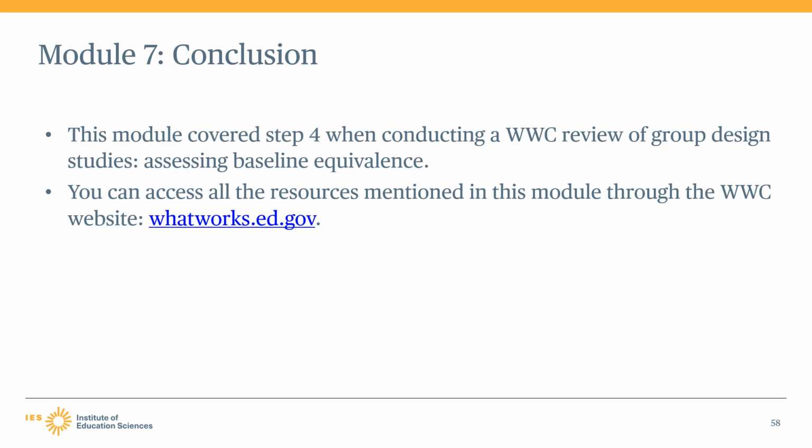We identified the scenarios in which the WWC assesses baseline equivalence in the review of group design studies. And finally, we described how to apply the baseline equivalence standard to individual-level and cluster-level assignment studies. Remember that you can access all of the resources mentioned in this module on the WWC website, whatworks.ed.gov.